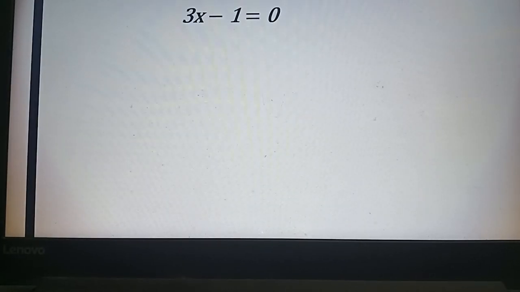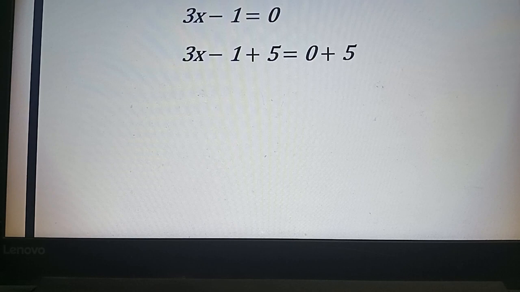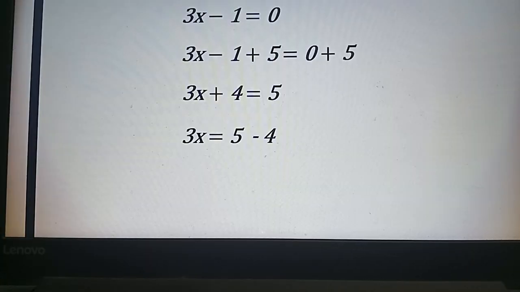Now, consider the same equation. I will add 5 to both sides of the equation. So, 3x minus 1 plus 5 and 0 plus 5. What answer do you get? 3x plus 4 equal to 5. So, again you get the same solution, x equal to 1 upon 3, correct?